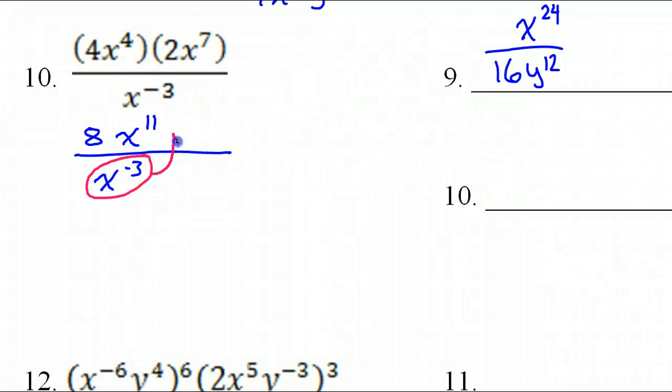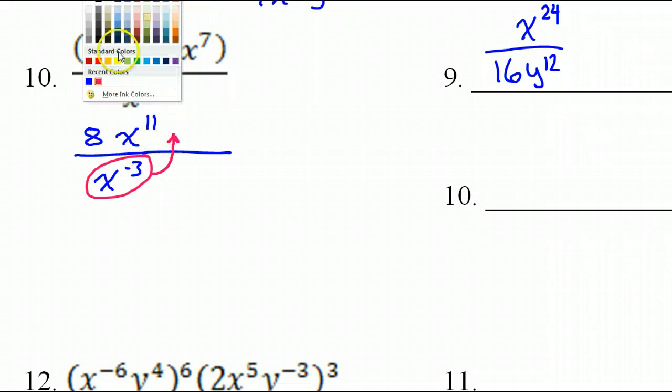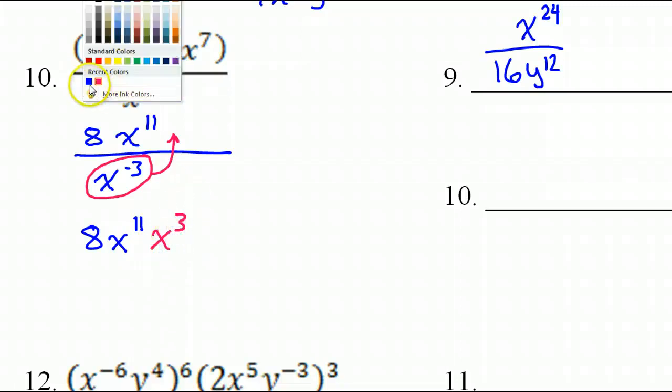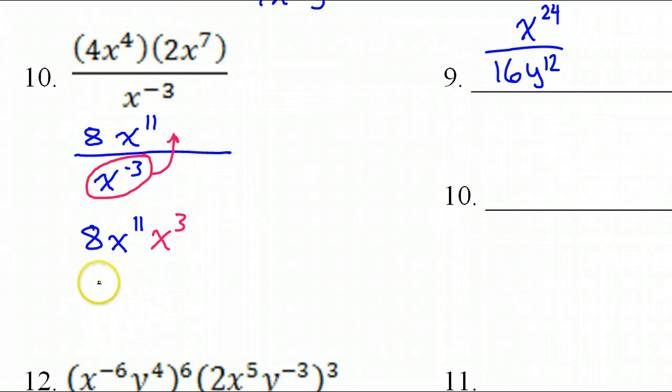So this is going to go up. So that is going to give us 8x to the 11th power. I just recopied that. But now, joining it is going to be x to the 3rd power. So now we're ready for the final answer, which is 8 x to the 14th power. Just add 11 and 3 to make 14. So that's number 10.